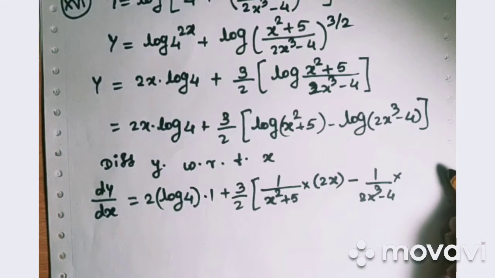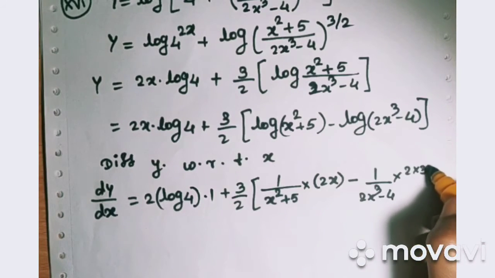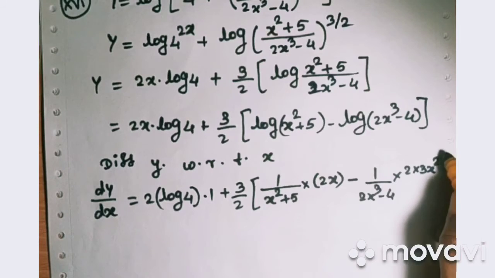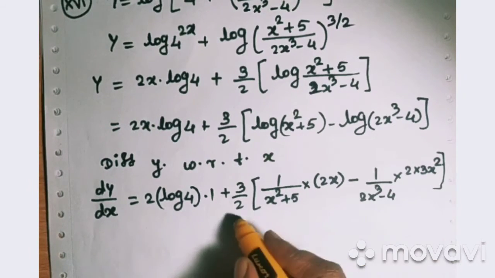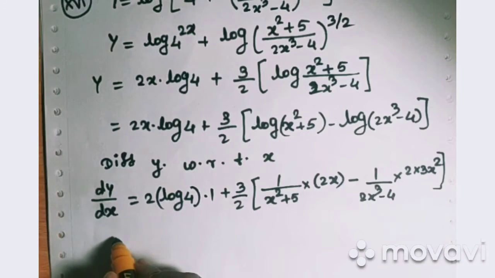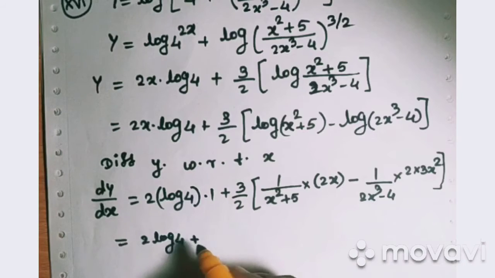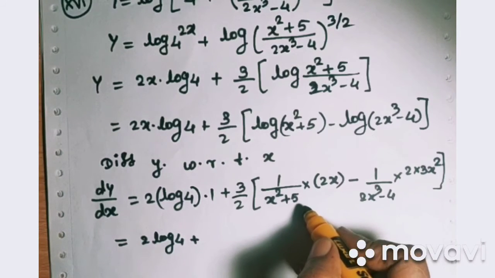It becomes 2 as it is and derivative of x cube is 3x square. Then multiply inside by 3 by 2, this becomes 2 into log of 4 plus 3 by 2 into 2x upon x square plus 5.